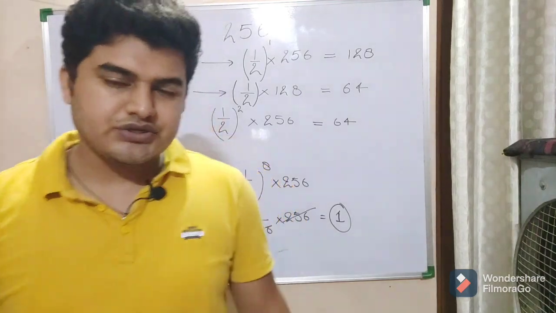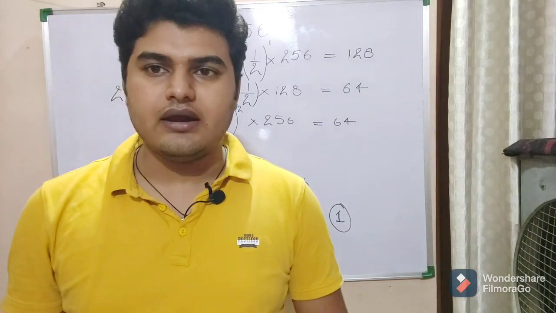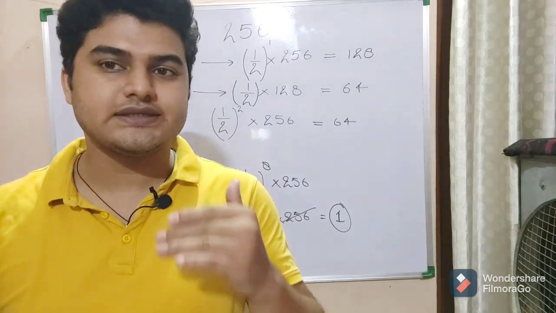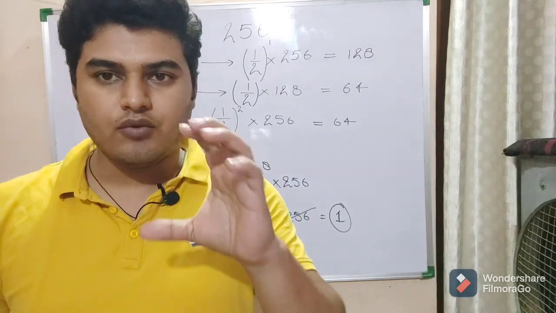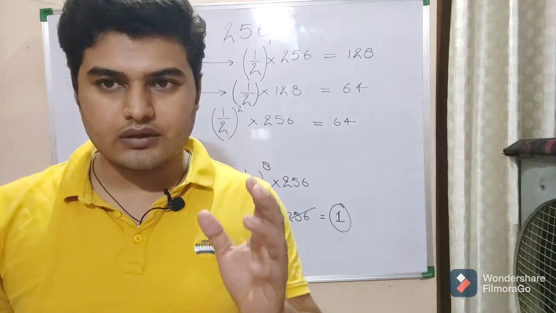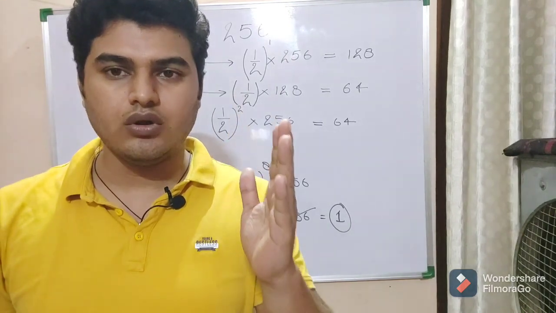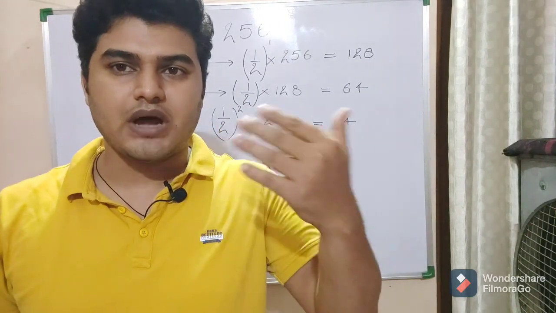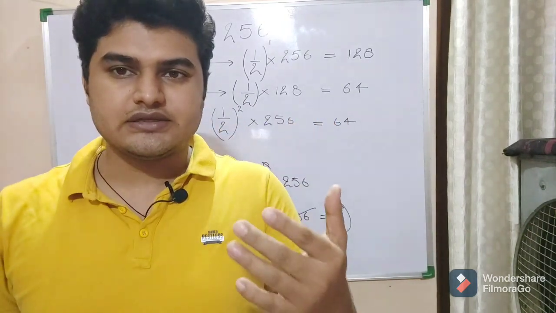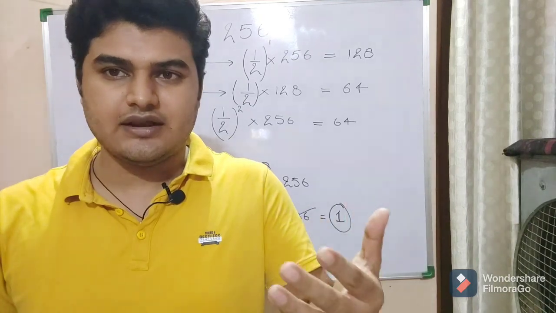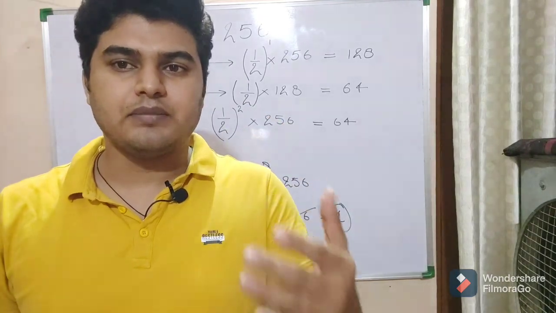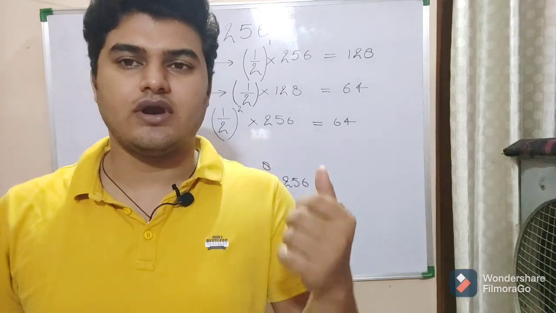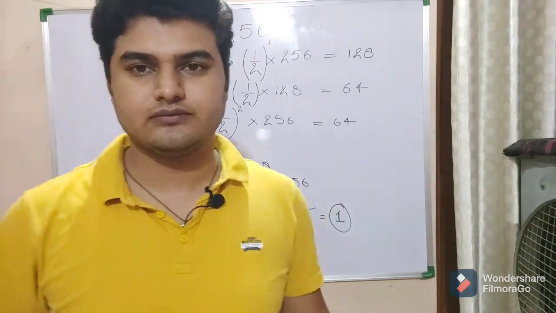So the story started from 1 patient and ended at 1 patient, and we also get an idea of what exponents are. When any number, whether it is a whole number or a fraction, is expressed in the form of powers, that is, the same number is being multiplied by itself, that power is called the exponent.